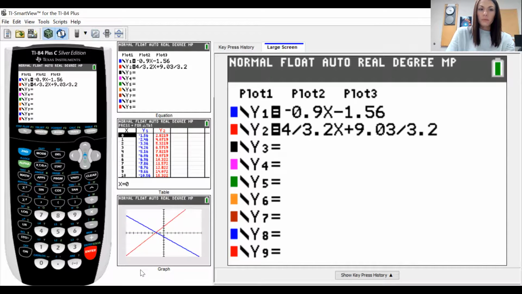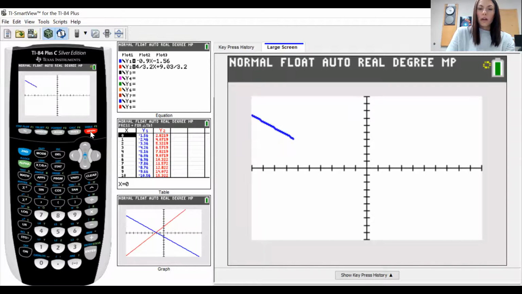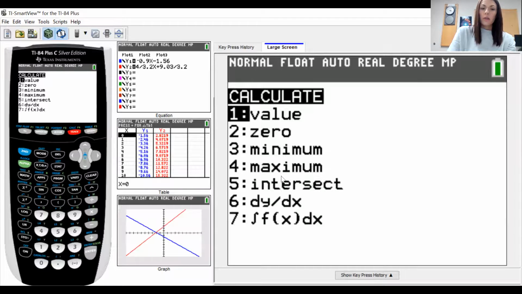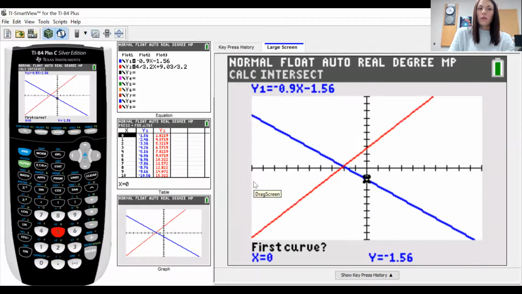There it is. So now I'm going to go to my graph, let my graph load on the big screen. And I want to find the intersection point. So I go second, trace. I want to find the intersection point, which is 5.